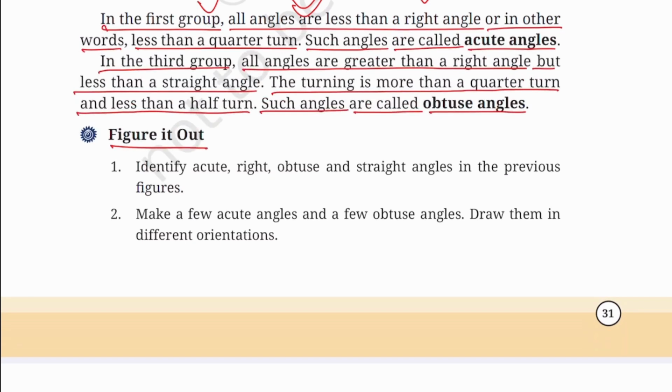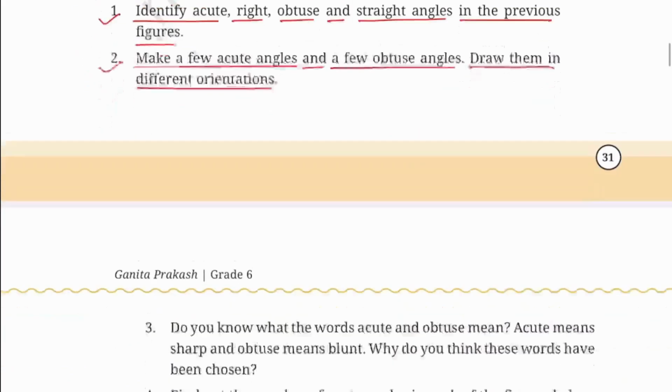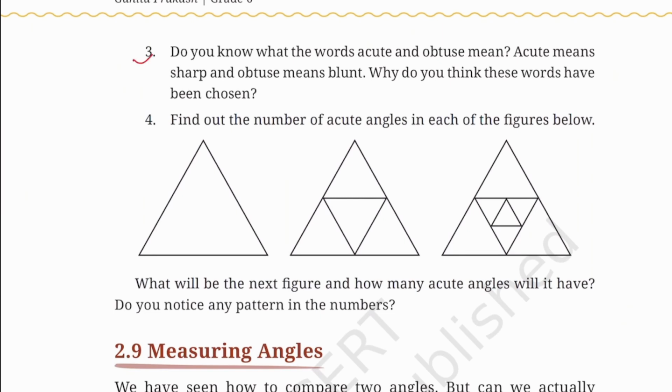Figure it out. 1. Identify acute, right, obtuse and straight angles in the previous figures. 2. Make a few acute angles and a few obtuse angles. Draw them in different orientations. 3.